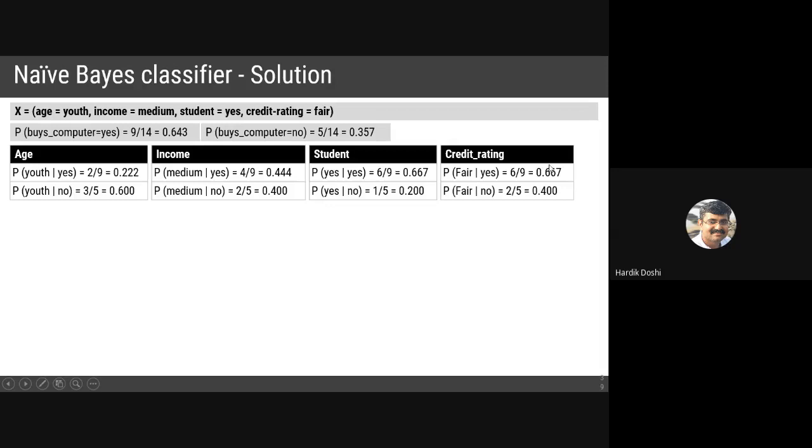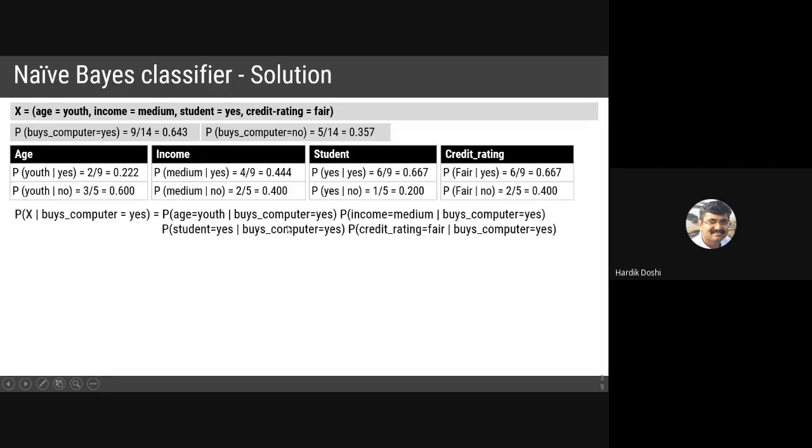So we got the individual probability for age, income, student and credit rating. We are not supposed to do it for buys computer because that is what we want to find out. So the next step, hypothesis: P of X given buys computer yes, we need to multiply for all whose value is yes: youth, income medium, student yes, credit rating fair.